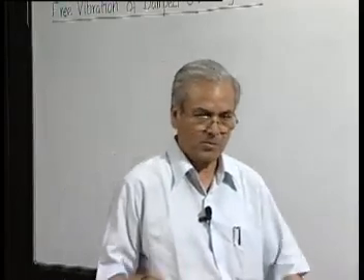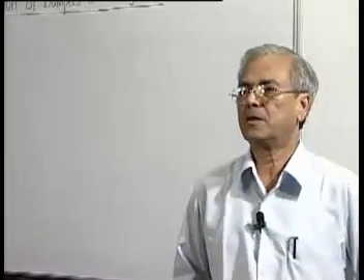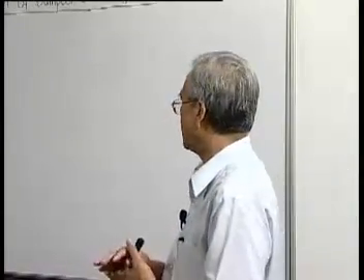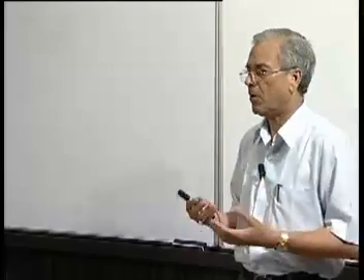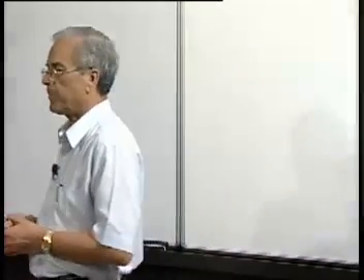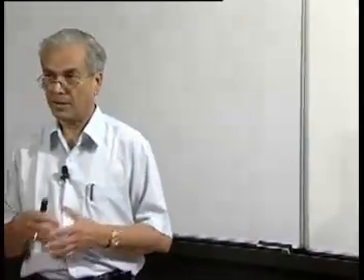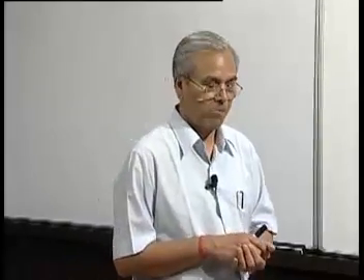So in the last class we started discussion on free vibration of damped single degree of freedom system. We have seen that depending on the system damping, it can have either an aperiodic motion or a periodic motion.